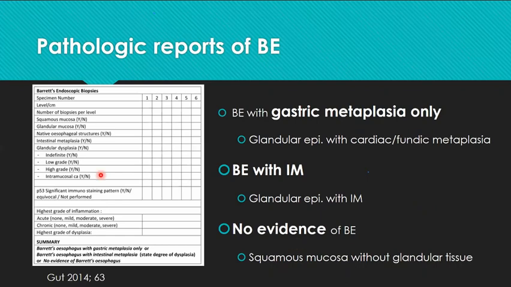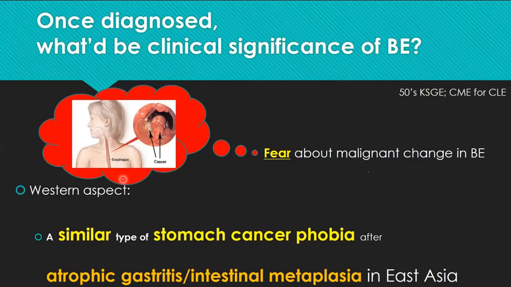Why is Barrett's esophagus a main issue for Westerners or Caucasians? Their fear is similar to our fear of stomach cancer. When we diagnose atrophic gastritis, we always worry about gastric cancer.